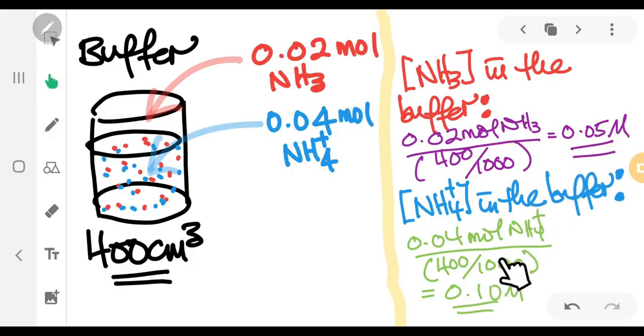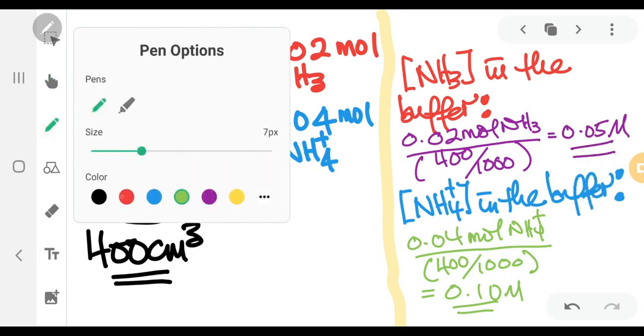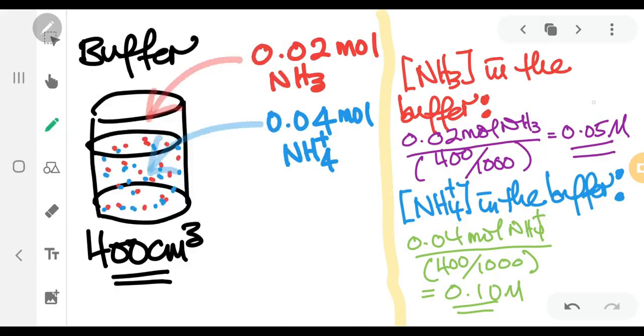These are the values or molarities for the buffer that we can put into the Henderson-Hasselbalch equation. By finding the value, you get 1 mark right there, and you get another 1 mark right there.